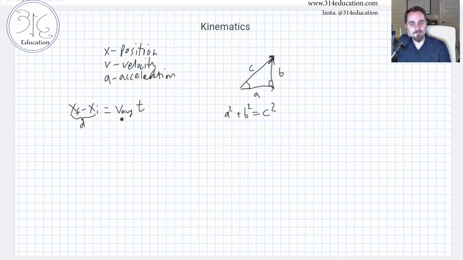And if we have an average velocity, we can write that as v final minus v initial over the time we move between them. And then we can multiply this by t, and that gives us our distance here.